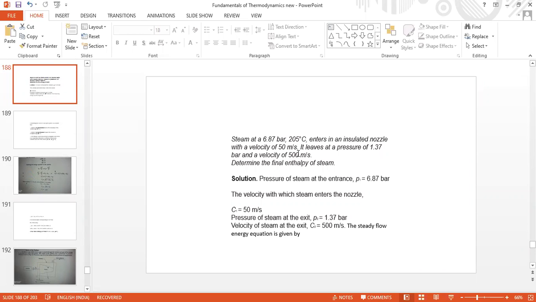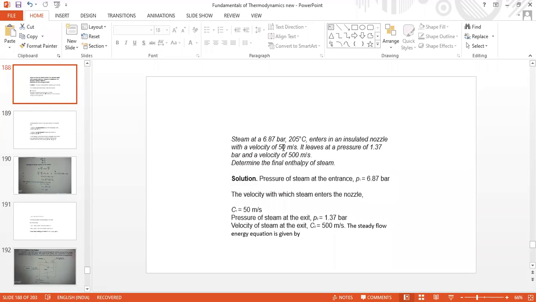So the entry velocity is 50 meter per second, and the exit velocity is 500 meter per second. The exit velocity is tenfold, 10 times more than the inlet velocity. So you understand the very purpose of a nozzle: after reading the problem, you understand that the purpose of a nozzle is to increase the velocity.